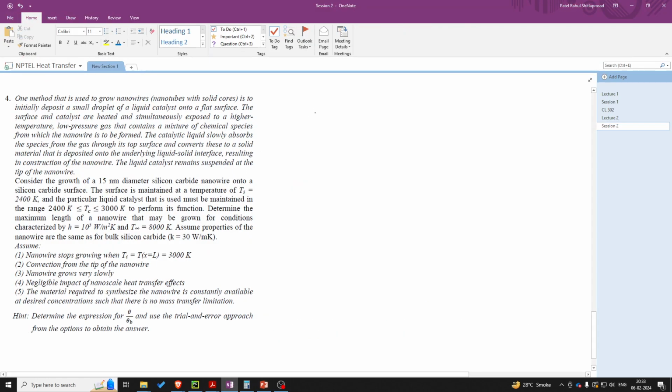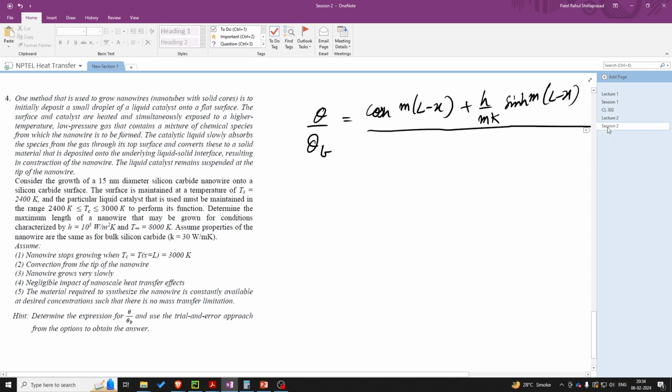The ratio of the temperature difference, theta upon theta b, is given as cosh m(L minus x) plus h upon mk sinh m(L minus x), upon the term that will be devoid of x, that is cosh mL plus h by mk sinh mL.